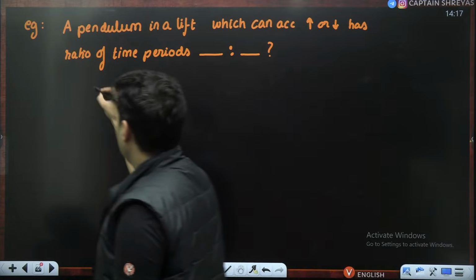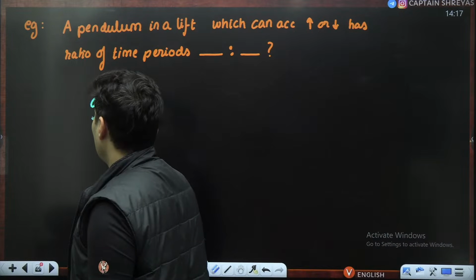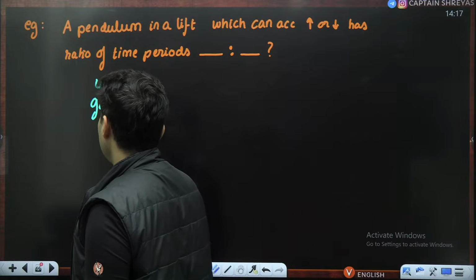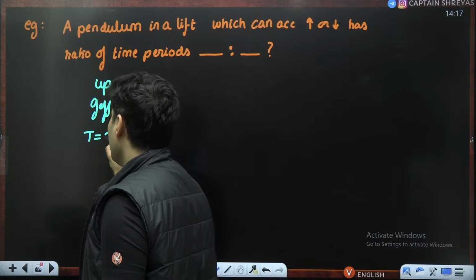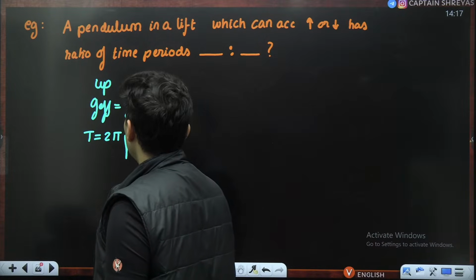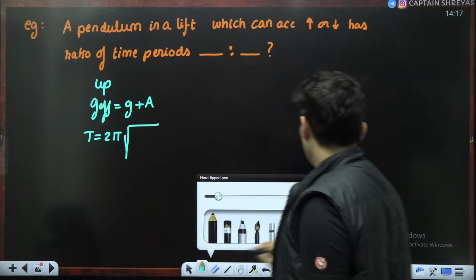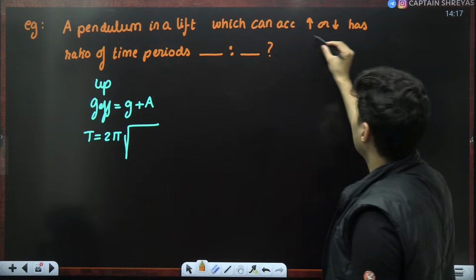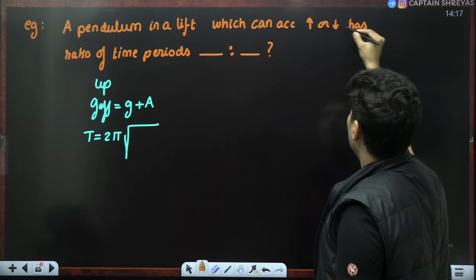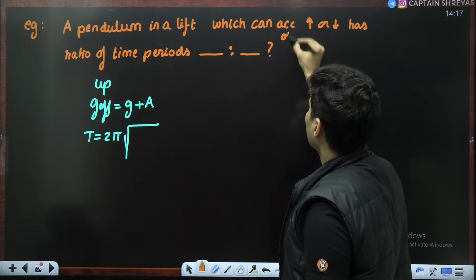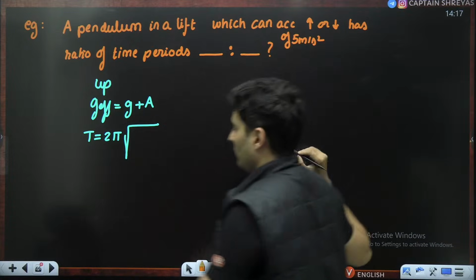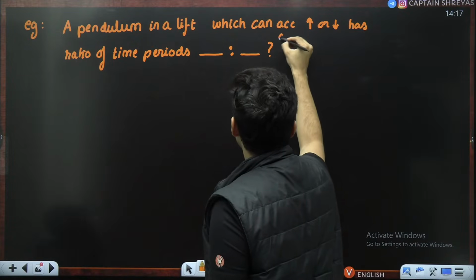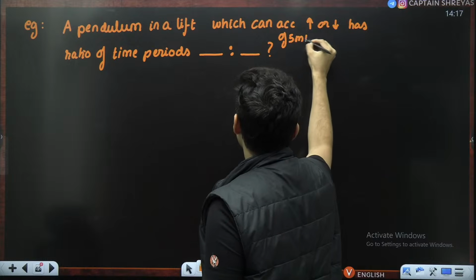First of all, when you are going up, I told you the effective gravity will be g plus a, going up is plus. So the time period will be 2 pi under root, I forgot to mention up and down acceleration of 5 meters per second square.